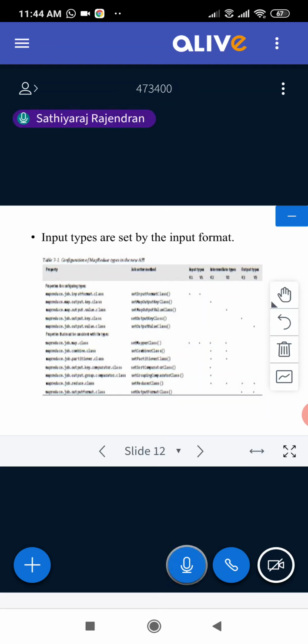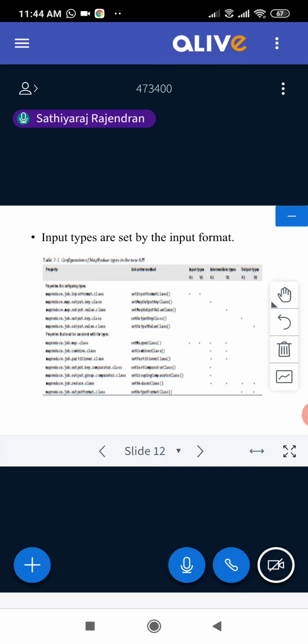The first one is the map reduce job, which talks about mapreduce.job.inputformat.class. It is the one which supports the input format, and input format supports only the input type.